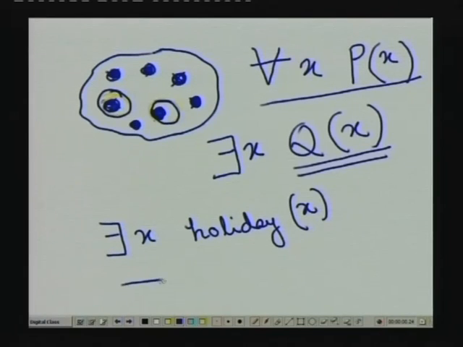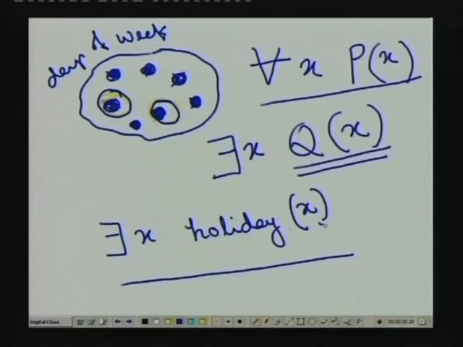Now, is this statement true? There must be an element in this set, the days of the week, for which it holds. Obviously, here lie Saturday and Sunday, 2 days for which holiday x is true.